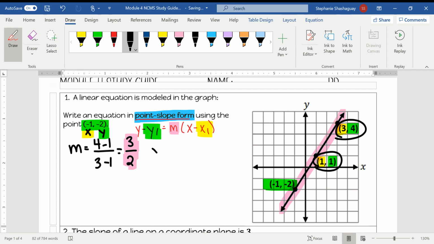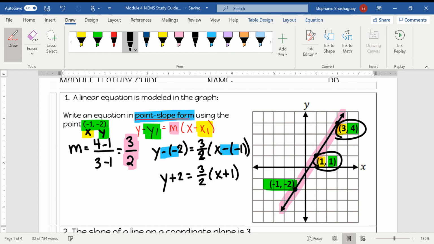So what that looks like is y minus a -2 equals the slope, so 3/2 times x minus the x1, which is -1. Now, because I have a double negative here and here, I have to simplify this. So when I simplify it, it's going to become y plus 2 is equal to 3/2 times x plus 1. And this would then be my final answer.